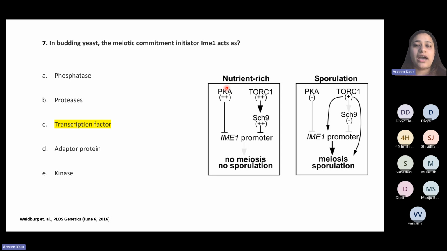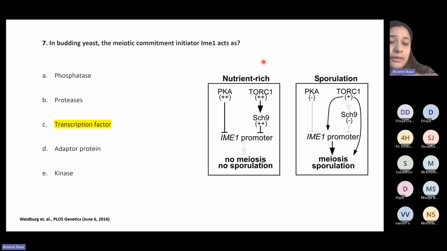Only if you have enough nutrition for yourself and for the people around you will you be able to provide more nutrition to your offspring also, right? So you will probably reproduce only when you have enough nutrition, right? Now, that is not always the case.